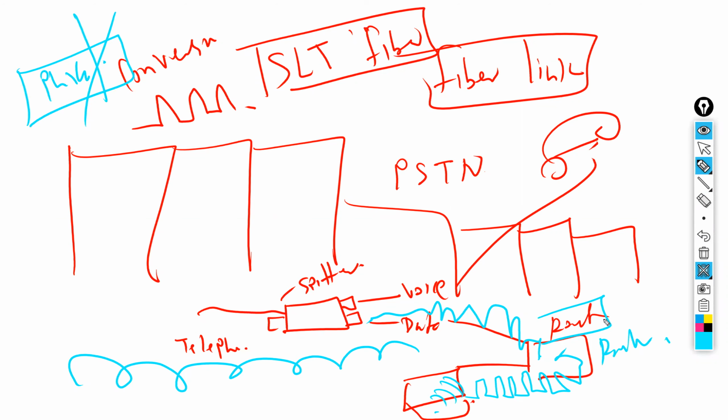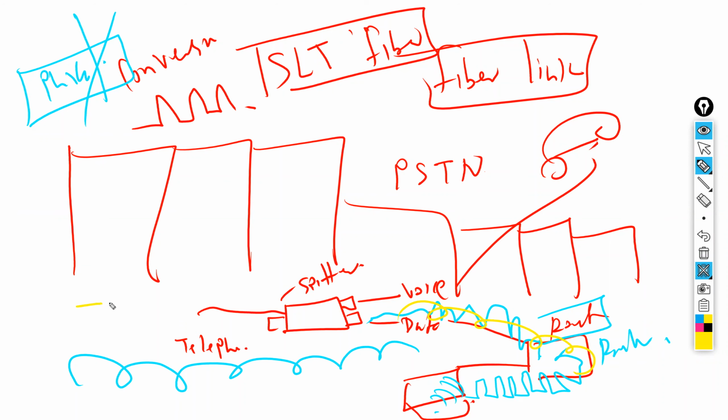Now the modem function came as a feature of the router. That's how it works. I think you understand now, right? How it works.